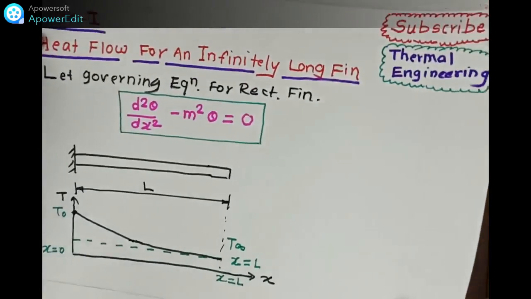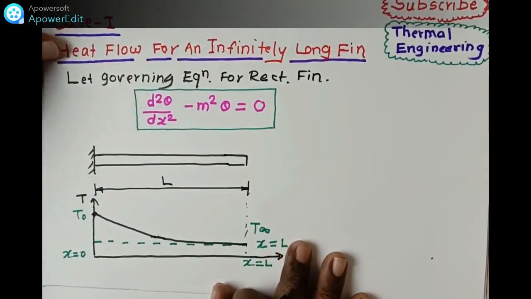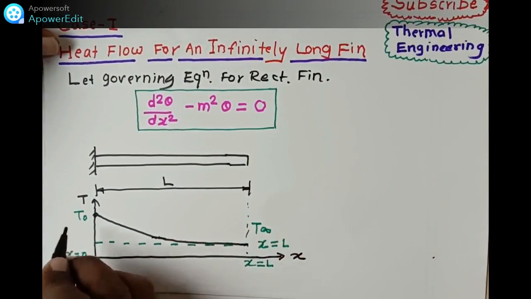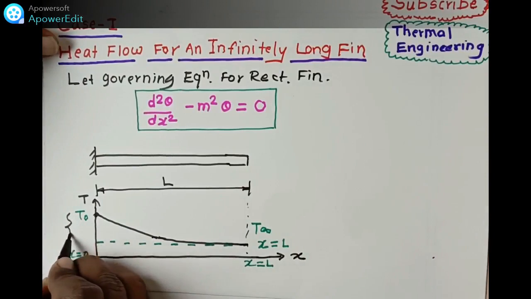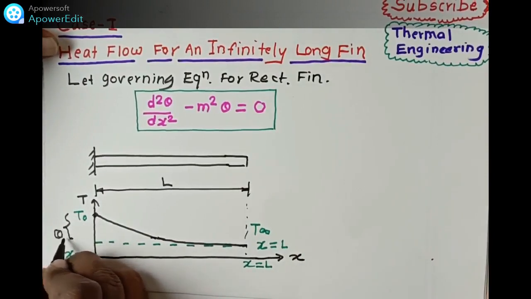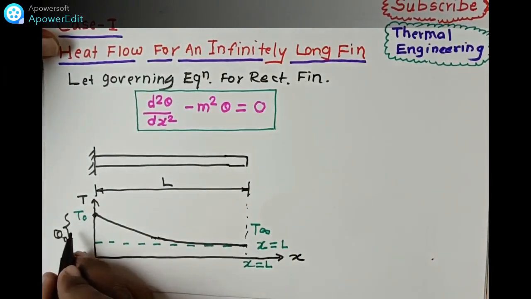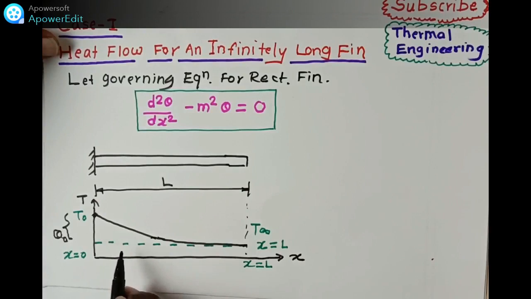In this diagram we will see, theta 0 means the difference between the temperatures. This side is theta 0 at x is equal to 0 distance, means at the base. So this will be the difference between T0 and T infinity, that is theta 0.